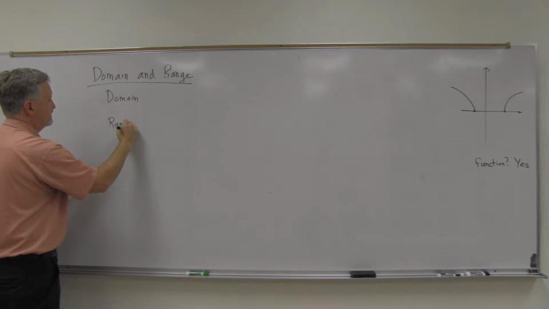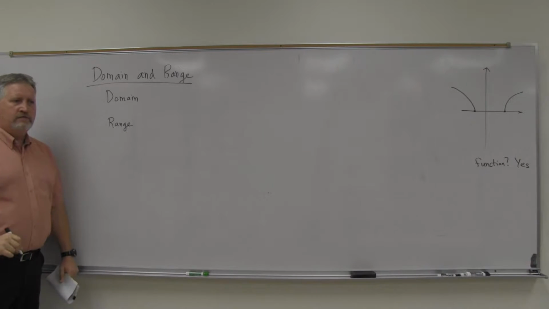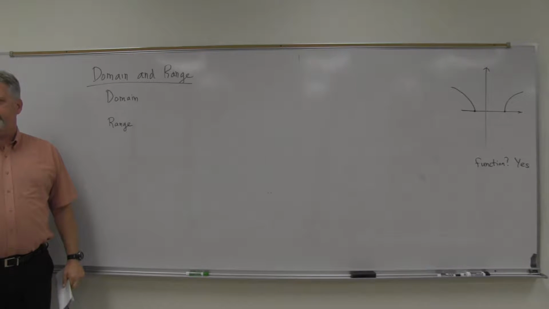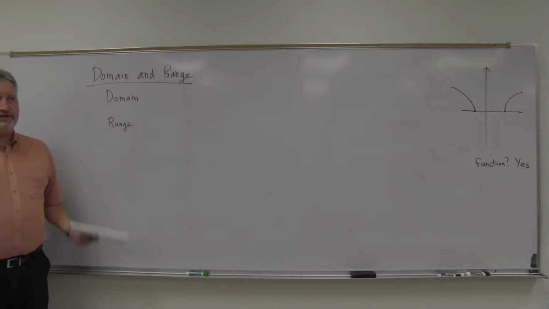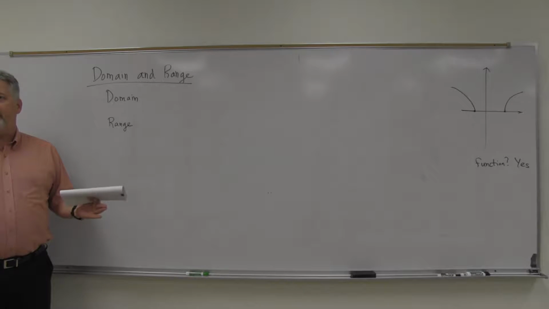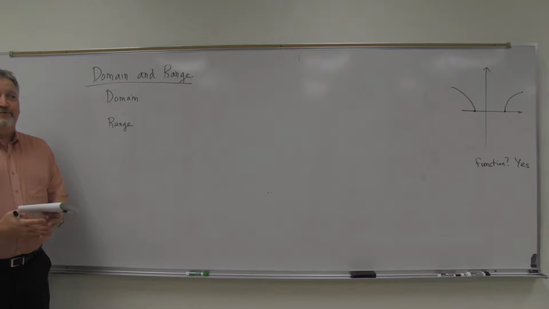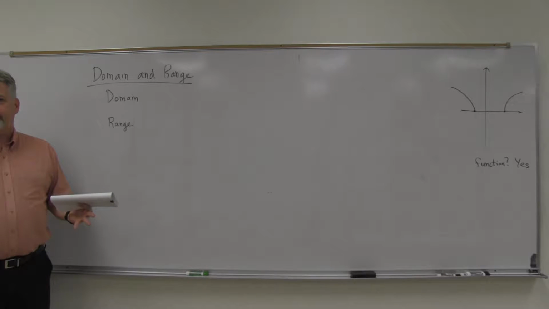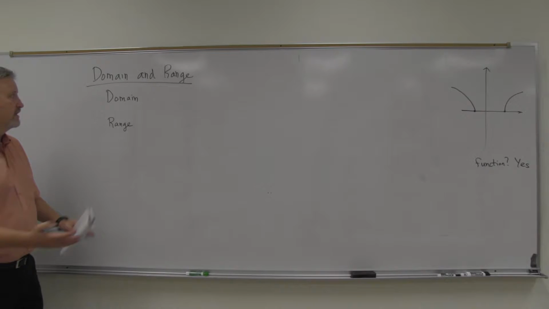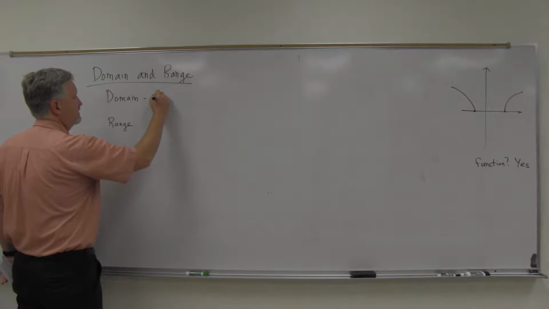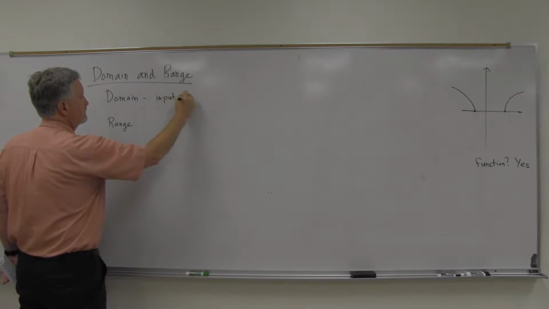All right, so let's remind ourselves what we mean by domain and what we mean by range. Typically, the domain is, officially, the input values, but usually when we're talking about an equation, what values are we talking about for the domain? It's the x values, right? So the domain are the input values, i.e. the x values.